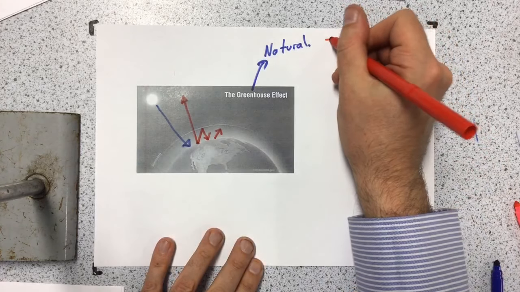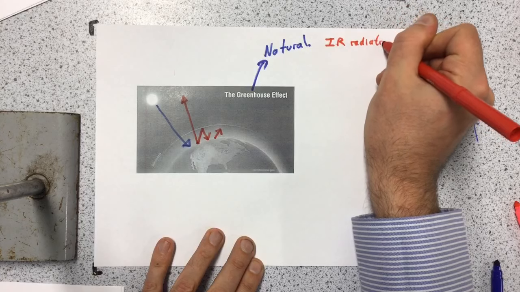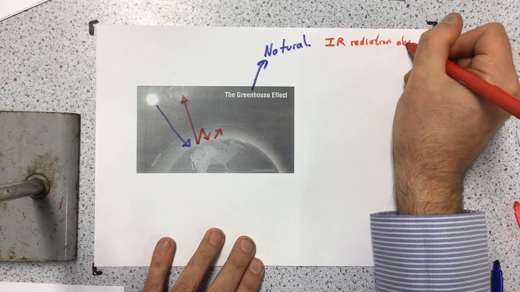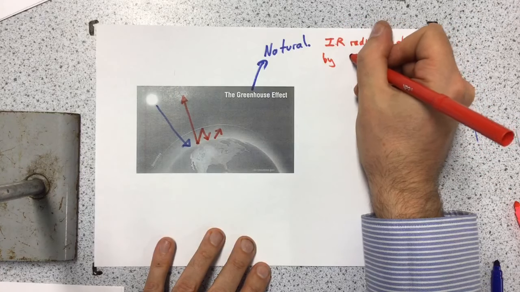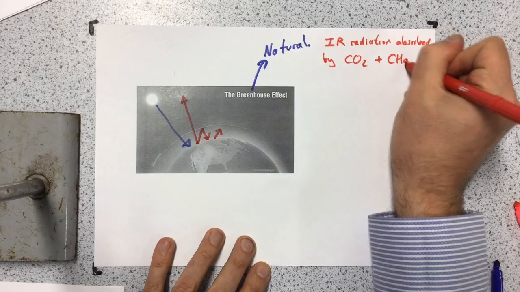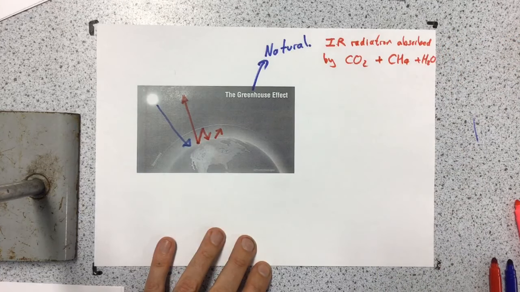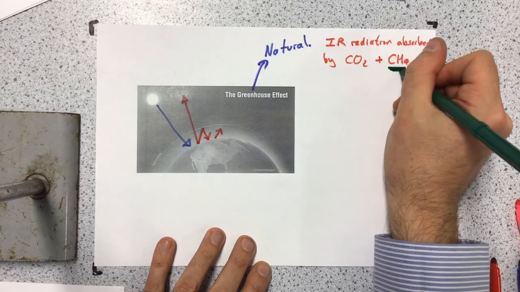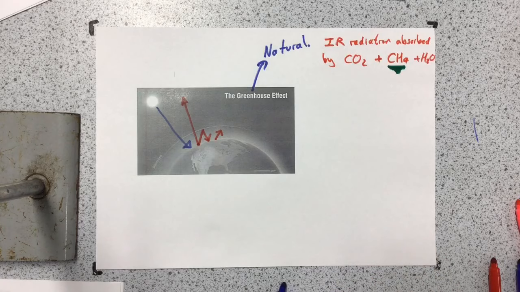Okay? So infrared radiation is absorbed by carbon dioxide and methane and water vapor. Okay? With methane actually being one of the worst greenhouse gases.